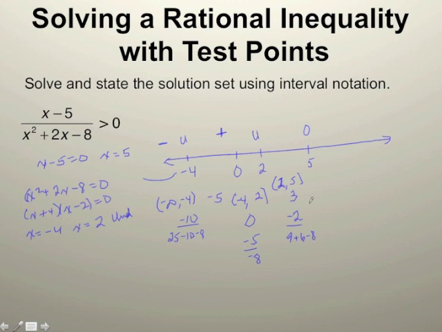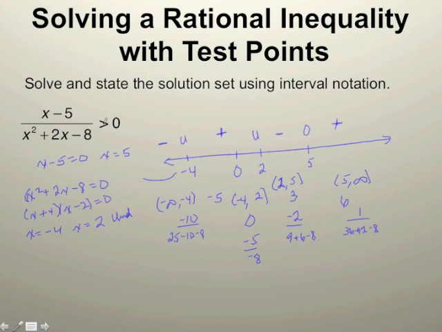That will be a 7, so that's negative. And then we need something from 5 to infinity. So say we use 6. 6 minus 5 will give me 1, over 36 plus 12 minus 8, that's going to be positive.